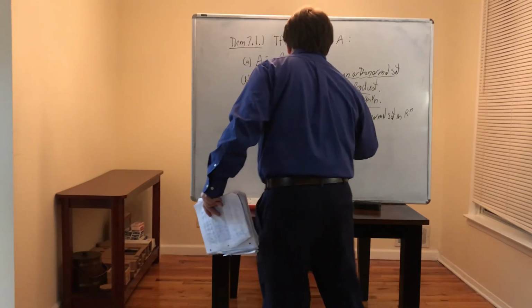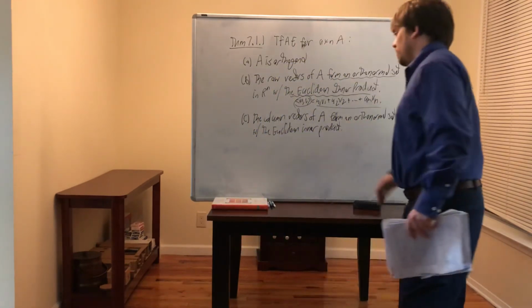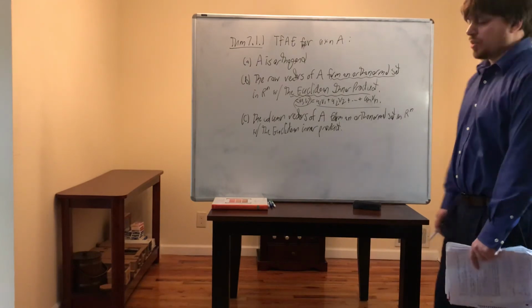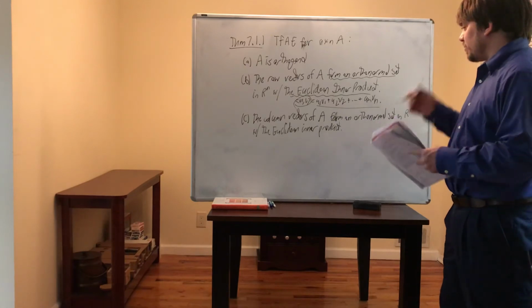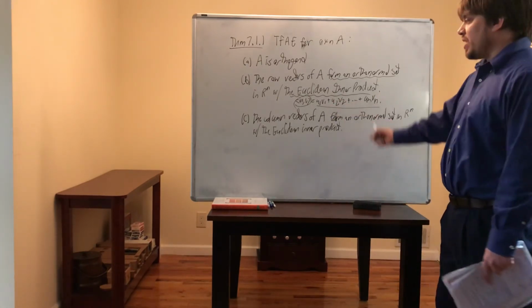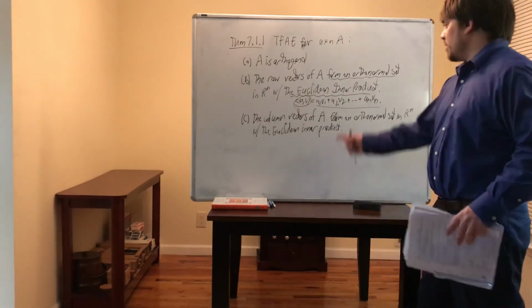This statement is basically the same as the other statement, except instead of using row vectors, we're using column vectors. So the column vectors of A form a set that's orthogonal, and the length of each column vector is 1, using the Euclidean inner product.